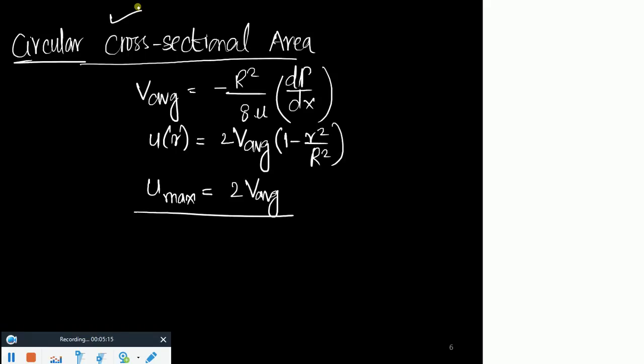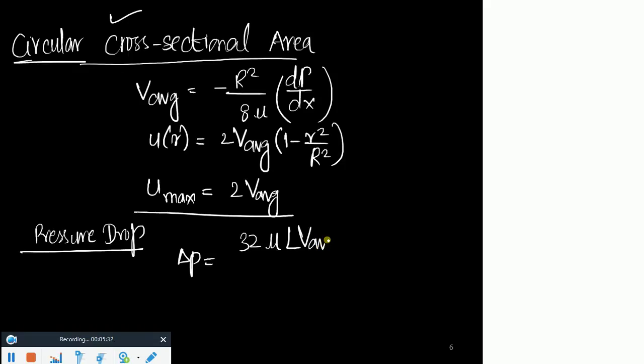Okay. Now, again repeating a few of the relationships for the same case, laminar flow inside a pipe or inside a tube, this delta P was equal to 32 mu L V average over D square. You have been using this relationship, right?